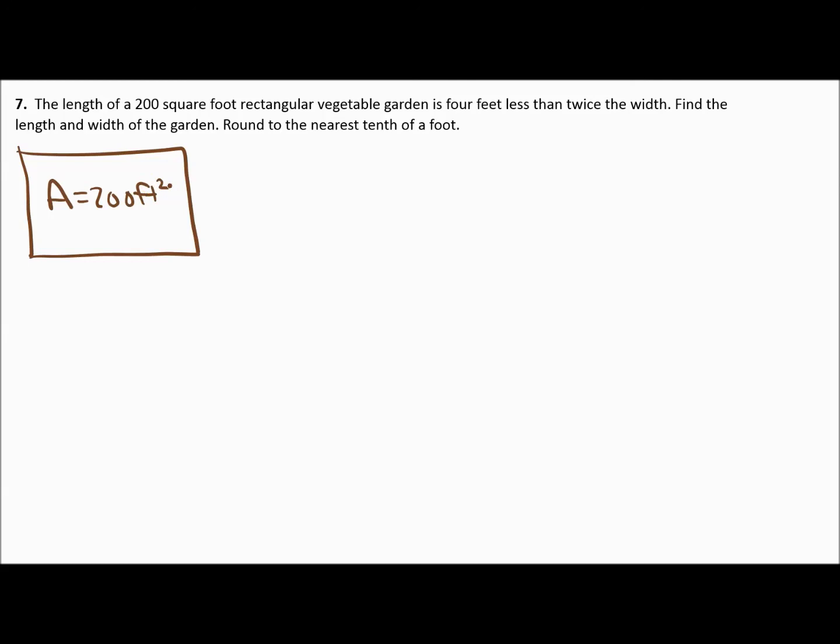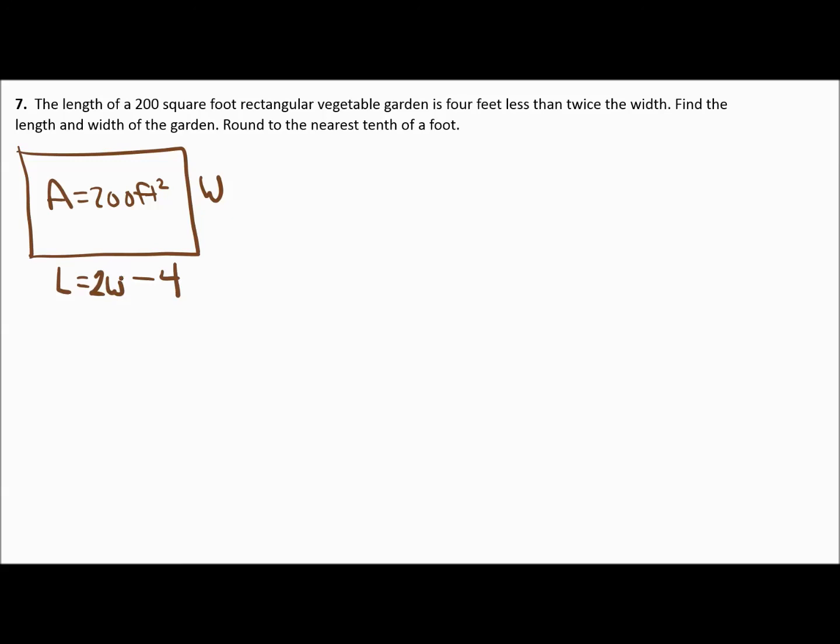The length is 4 feet less than twice the width. Remember we talked about less than earlier. So you have to minus 4 to get 4 feet less than twice the width.